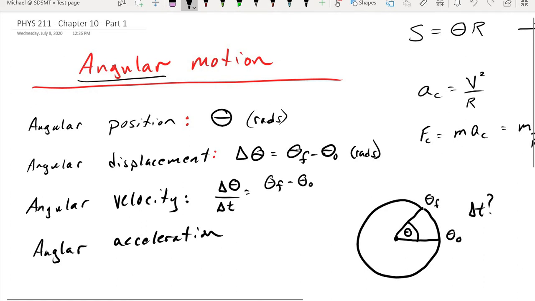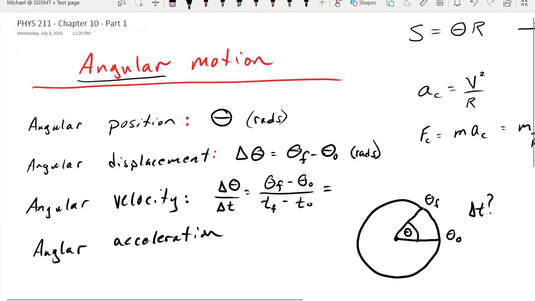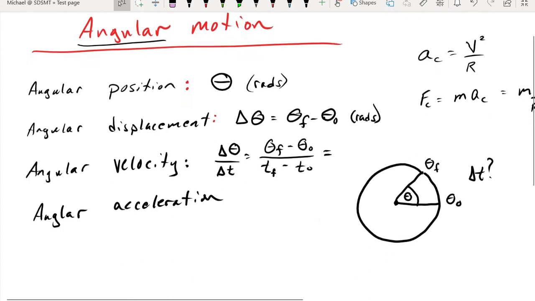As such, there would be initial and final time values associated with the initial and final angular position values. But as far as the definitions go for physics, any displacement over time is still considered to be a velocity. Now, we're using theta as the angular position, and theta is a Greek letter, so we're going to continue with the theme of using Greek letters to denote the angular motion.